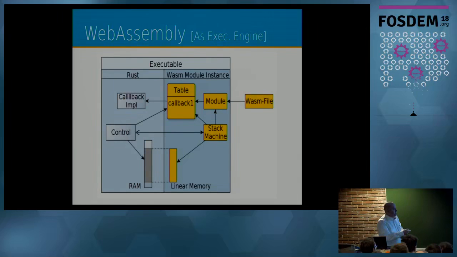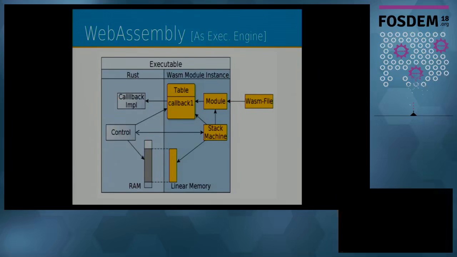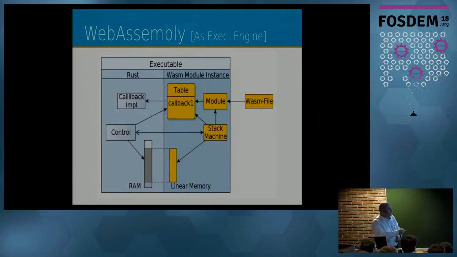So anytime we've got an external function loaded as a module, we have got to provide a table which will provide the functionality of the function, to call indirect, to call this Rust implementation. We've got the stack machine, and this is the box WebAssembly is running in, so it's a quite secure execution environment.